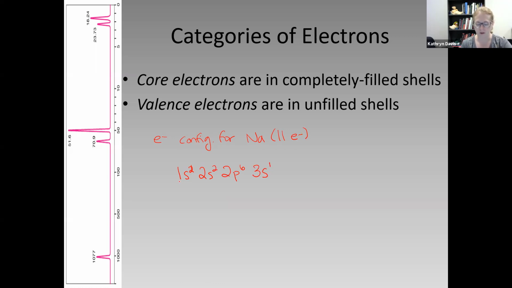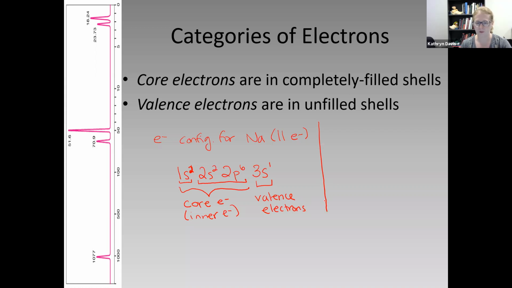And what I want you to notice is that everything with a 1 is totally filled. So this is a full shell. And 2s and 2p also represent a full shell. It represents going through a full row of the periodic table. So these electrons together are the ones that we call the core electrons, the inner electrons. This set on the outside are called the valence electrons.